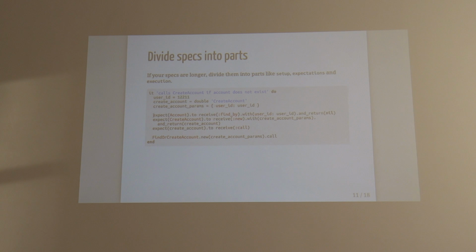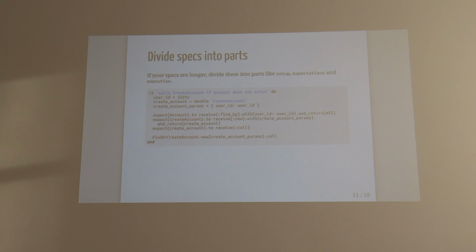and as I said, when we have in this find and create account a method called account find by user ID, it's fine to make an expectation like that. They expect account to receive find by and return nil. So in this case, it means that the account doesn't exist for this user, right?